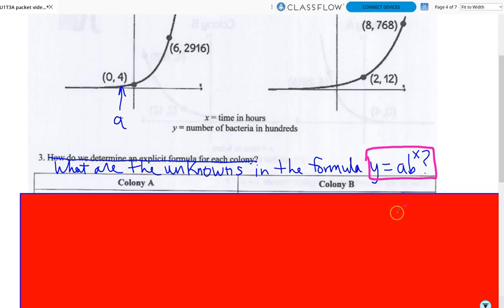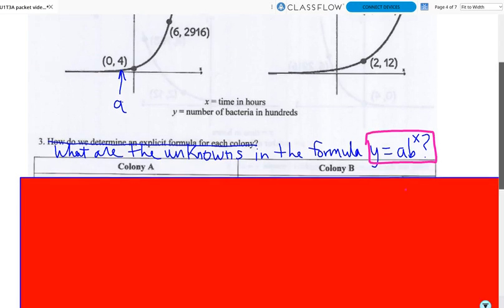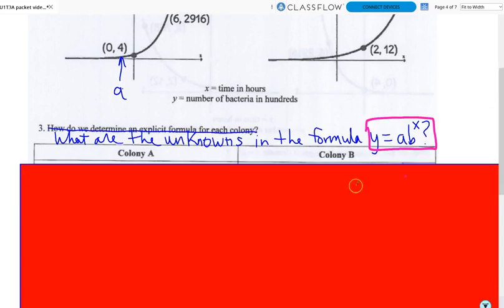For colony B, what I'm missing is the A value, I'm missing the growth value, I'm missing a lot. So I don't have what the multiplier is between the y values, and in the B graph I don't have the A value.